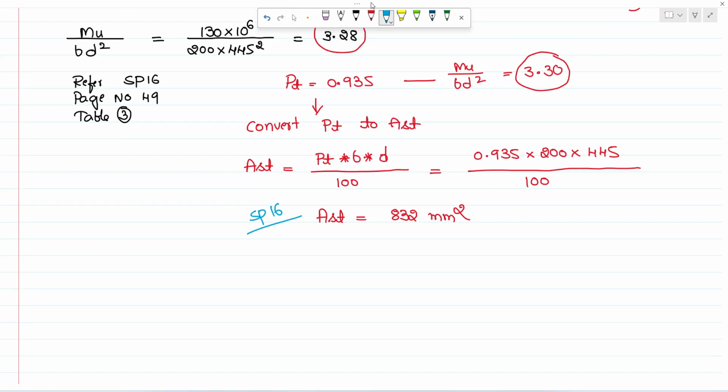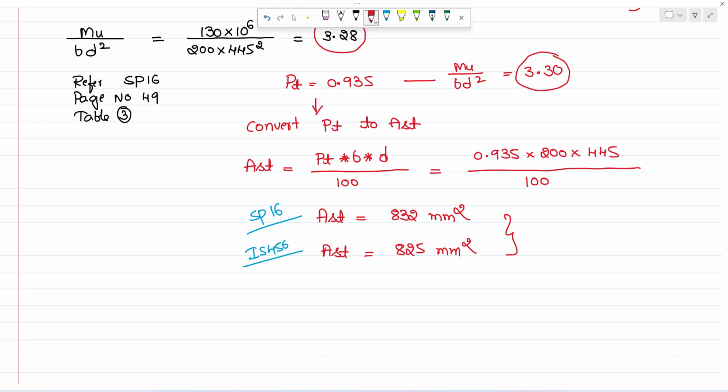So while using the IS 456 method, your area of steel AST it is 825 mm square. So there is a slight difference.